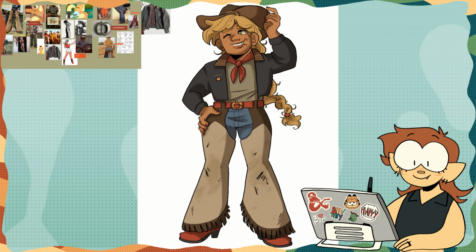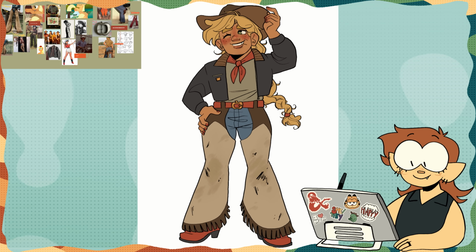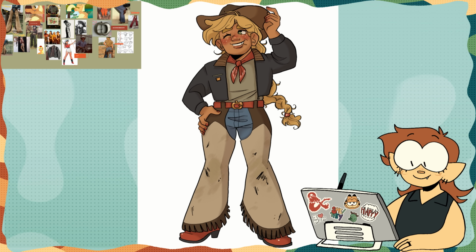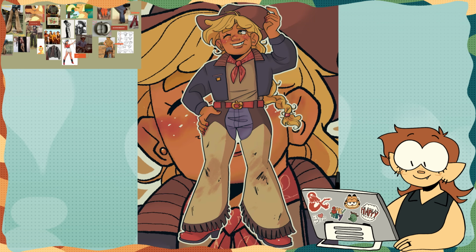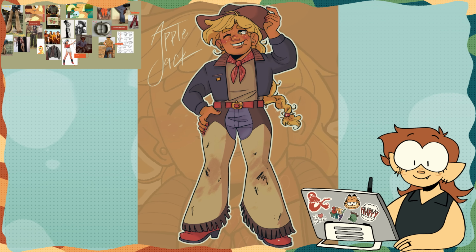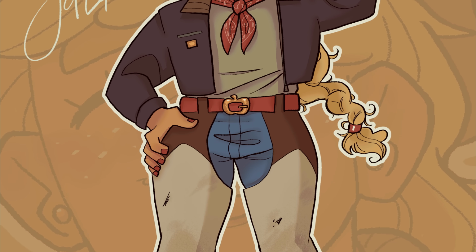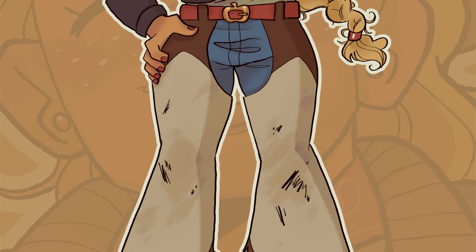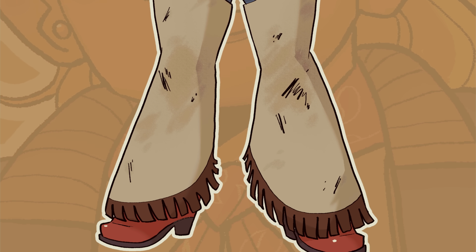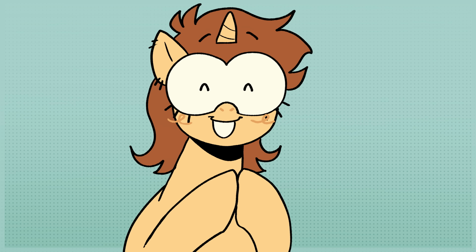Girl, you're not showing her back. Hello? So just imagine her little Carhartt jacket has a big embroidered apple on the back, okay? Her design ended up being my favorite. She just turned out so stinking cute, and I love a cowboy, and what do I turn a horse girl into? A horse girl.